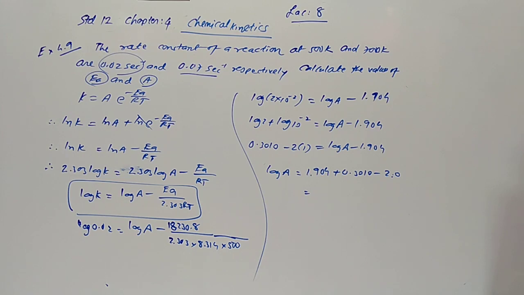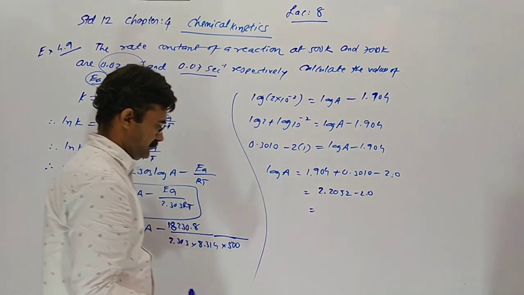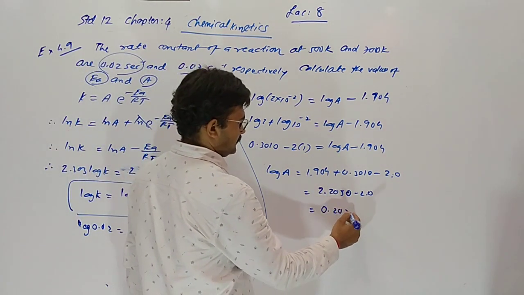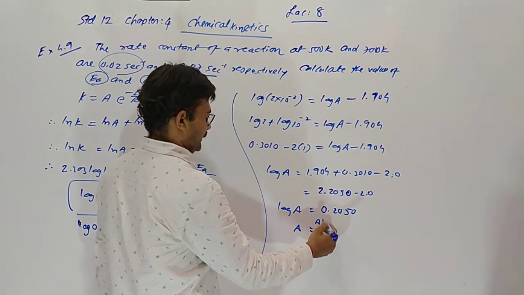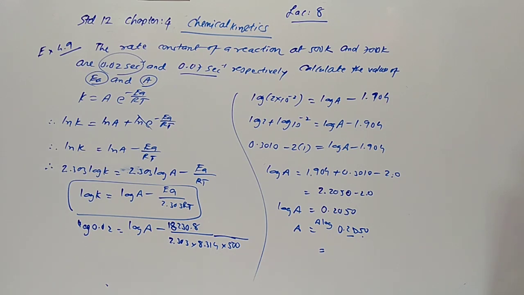That gives 0.205, so log A equals 0.205. Now applying antilog on both sides, the antilog of 0.205 gives 1604.